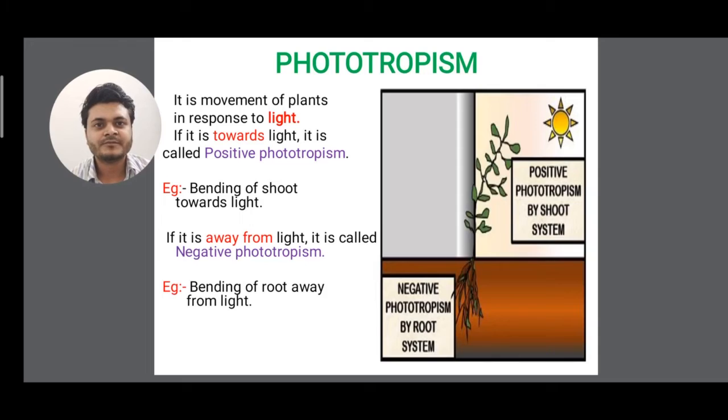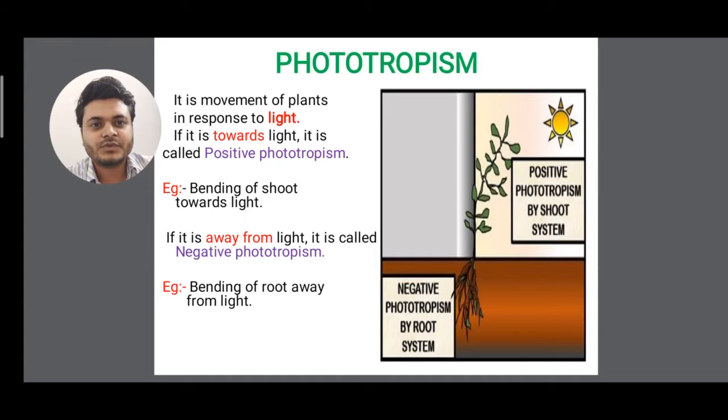Shoot means what? Shoot includes stem, leaves, branches, those portions of the plant that are above the soil, and roots are those portions that are below the soil. And you can see negative phototrophism produced by the root system, or roots that are going away from the sunlight. So an example under positive phototrophism is bending of shoot towards light.